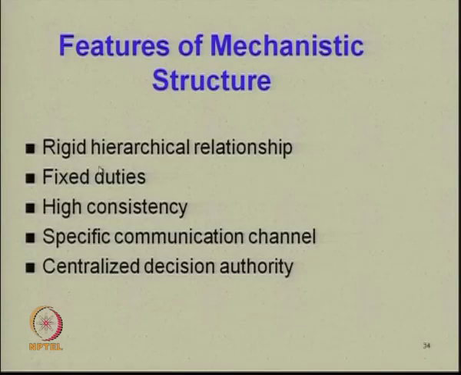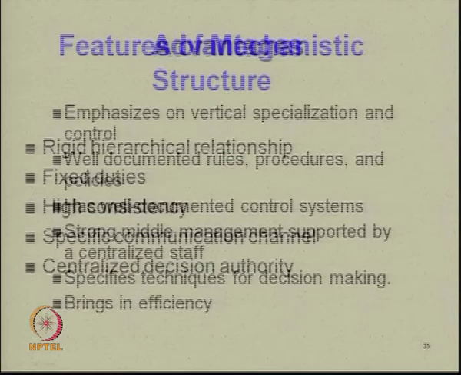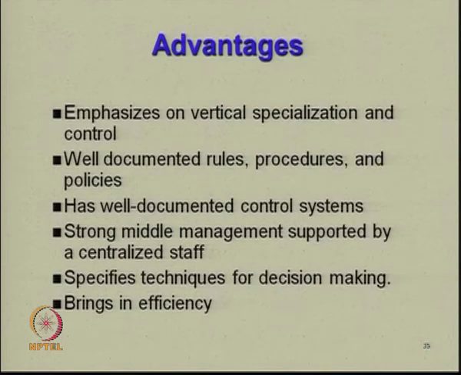The future of mechanistic structure is with rigid hierarchical relationships, fixed duties, high consistency, specific communication channels, centralized decision authority. It can be only used selectively. It has some advantages. It is not as if the mechanistic organization has no advantages. It emphasizes on vertical specialization, well documented rules, procedures, policies, has well documented control systems.